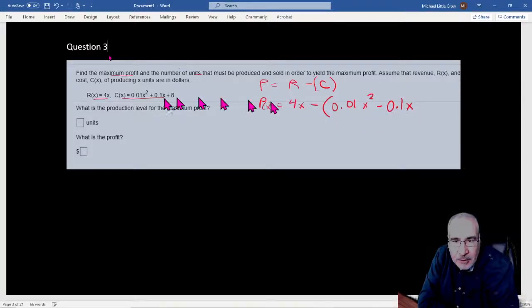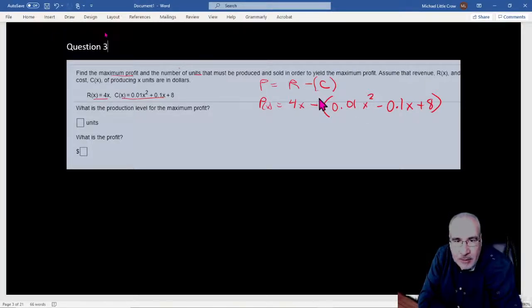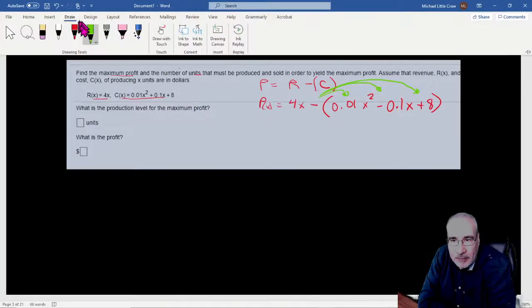I've just found over the years that I've got to be real careful with negatives. Just to emphasize, I see this too many times: this negative has to distribute to all three terms, and it makes the answer really far off, not even close.